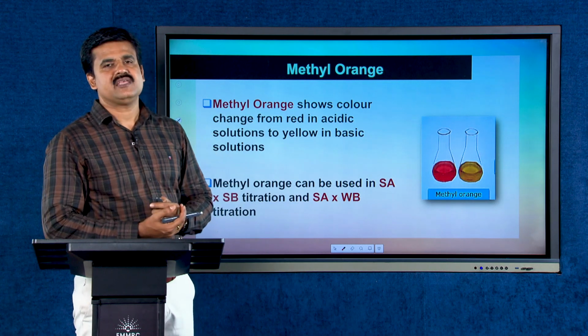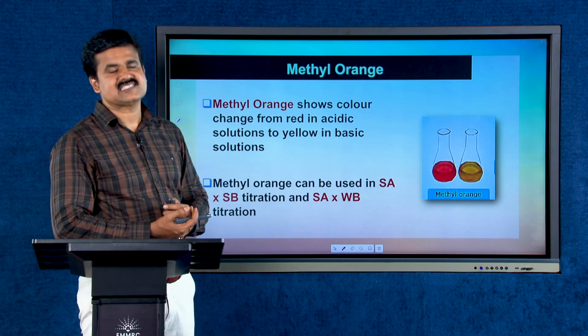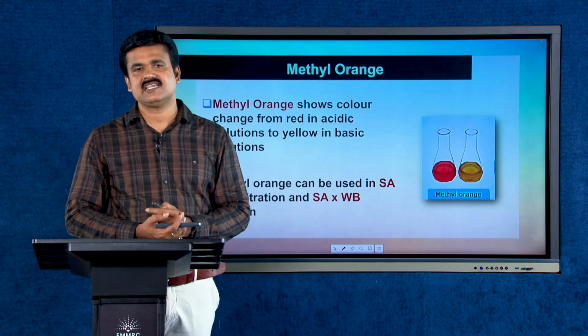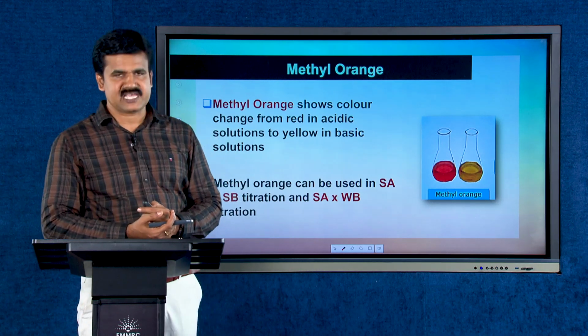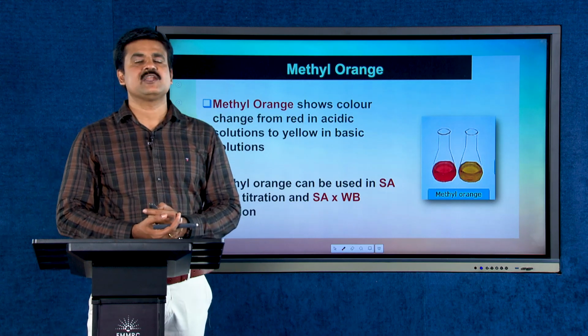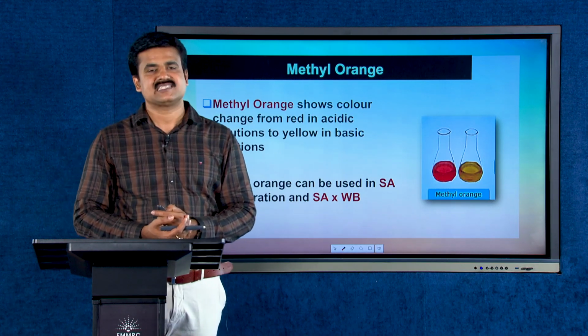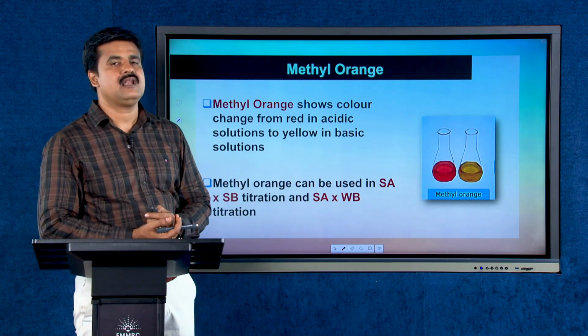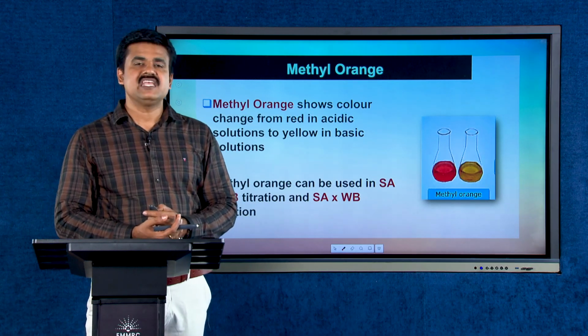Methyl orange can be used for titrations between SA and SB. SA stands for strong acid like HCl, H2SO4, etc. SB stands for strong base like NaOH, KOH. And methyl orange is also used for titration between SA and WB. WB stands for weak base.